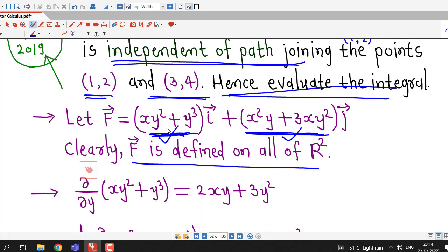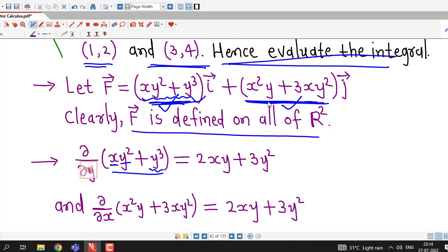First we take the partial derivative of the component xy² + y³ with respect to y, and we consider x as constant. The derivative will be x times 2y, that is 2xy, plus the derivative of y³ with respect to y, which is 3y². Now the derivative of the second component with respect to x, where we consider y as constant: the derivative of x² is 2x, that is 2xy, plus 3y² times the derivative of x, which is 1.